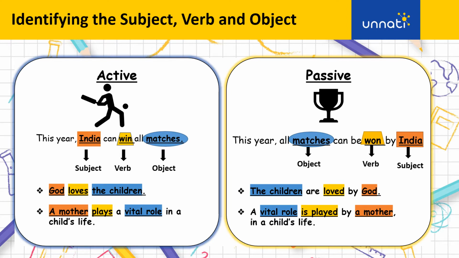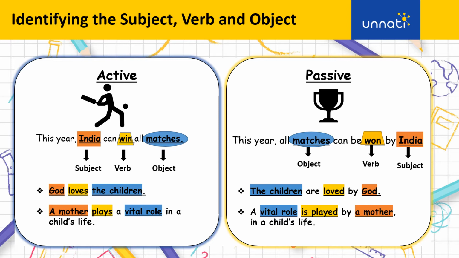Now if we want to say this in active voice, we will say, this year India can win all matches. So in an active voice, we have the subject in the beginning of the sentence. If we have to construct this in passive voice, we will say, this year all matches can be won by India.